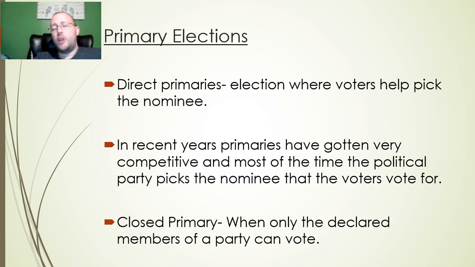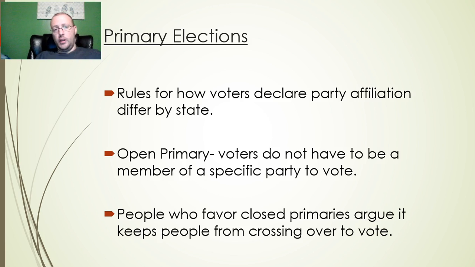A closed primary, that's where only the people that are a part of that political party can vote in it. So if it's a closed primary, if you're voting on the Democrat side, Republicans can't vote on the Democrat side. Rules for how voters declare party affiliation differ by state. Now, an open primary, you don't have to be a member of the party to vote. You can vote on any ballot. People who favor closed primaries argue it keeps people from crossing over to vote.